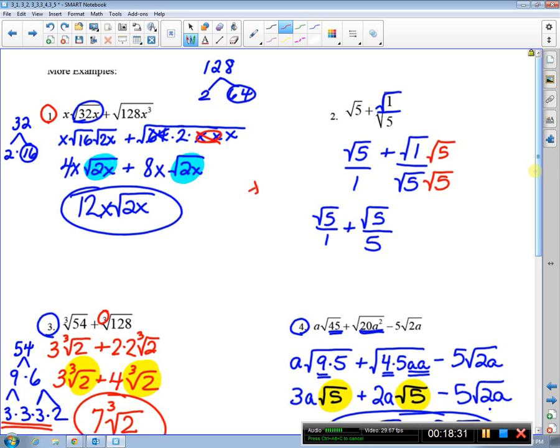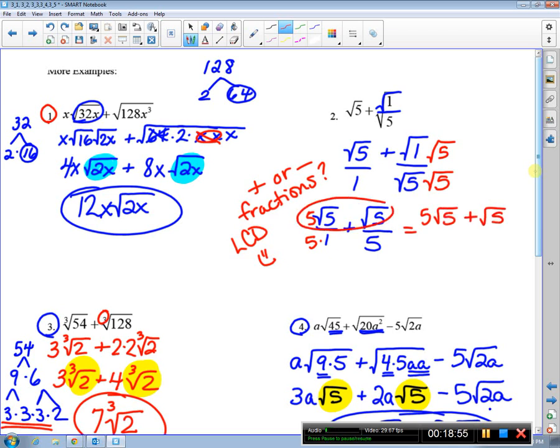What do you need when you're adding or subtracting fractions? If you said an LCD, you made me happy. So a 5 and a 5, so we get a common denominator. And that takes us to 5 radical 5 plus radical 5 all over 5.